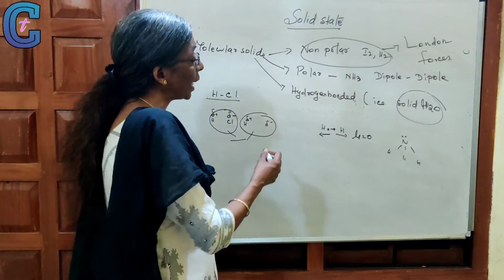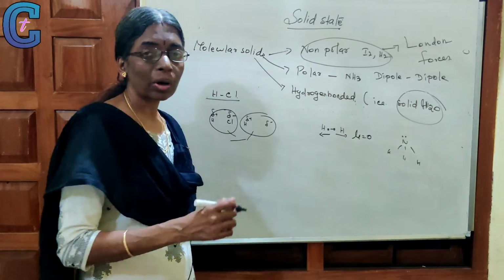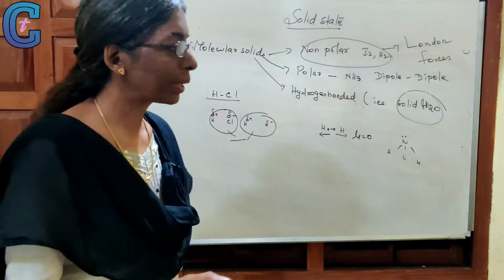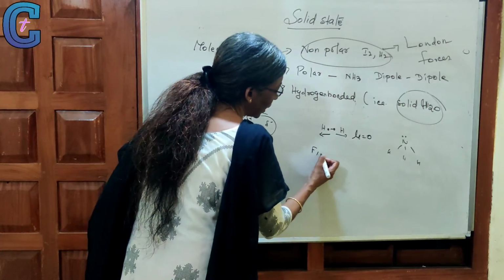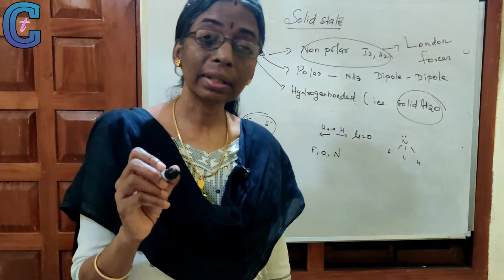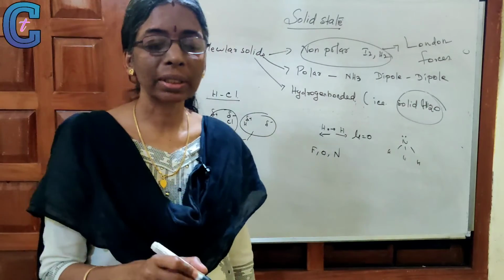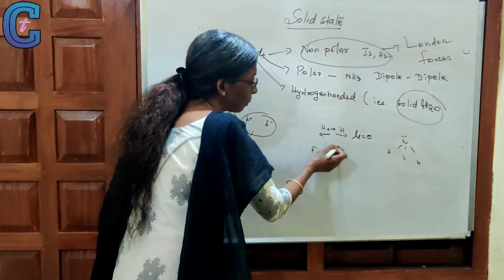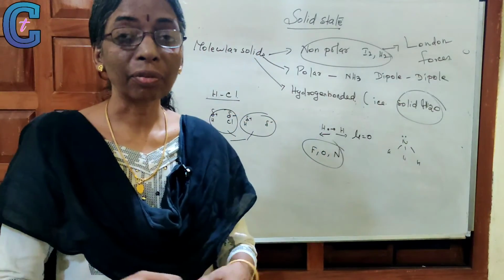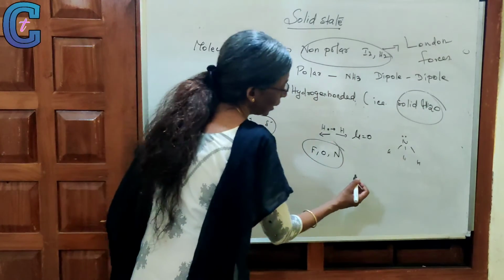Another one is hydrogen bonded, which we studied already. What is hydrogen bond? The bond formed between hydrogen and a highly electronegative atom like fluorine, oxygen and nitrogen. To remember this, you can remember FON. So ice, what is happening?